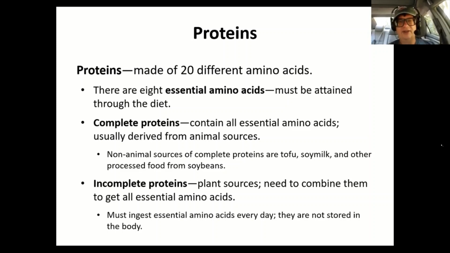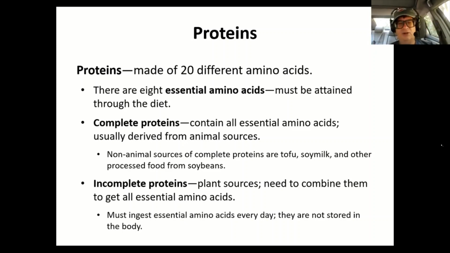There are some things that we call essential amino acids that you must get from your food. Your body can't make those. A lot of these amino acids, you do that thing where you say, oh, I don't have enough of this, so I'm going to take it, modify it, and turn it into the one I want.